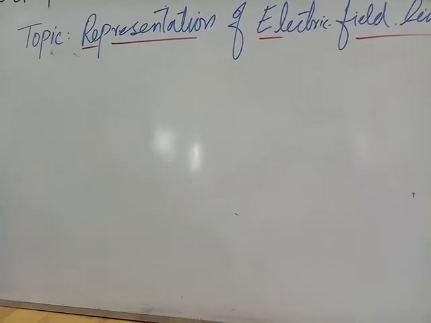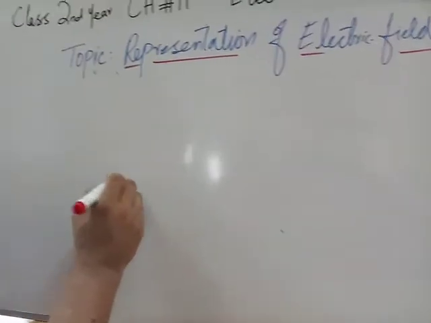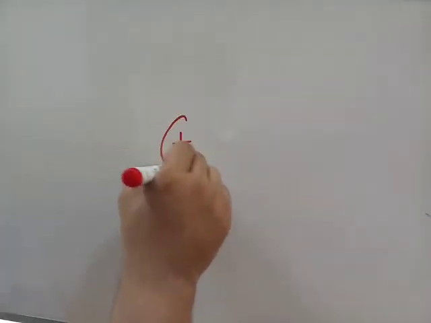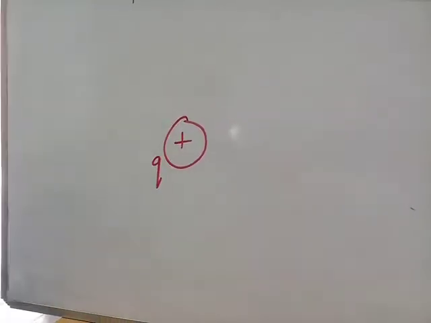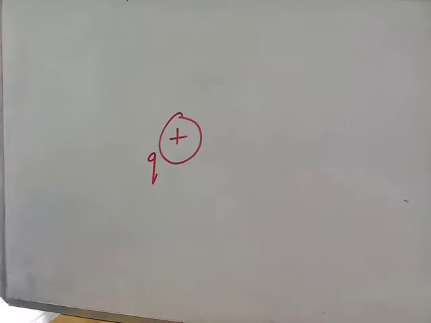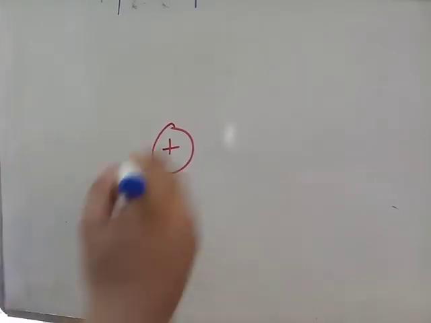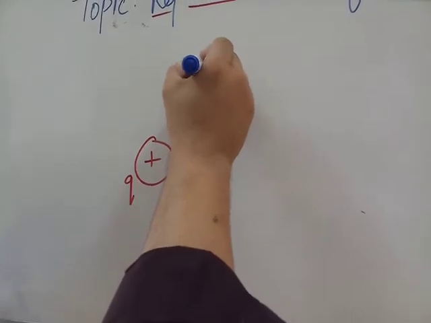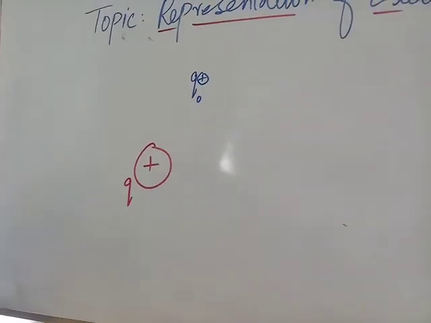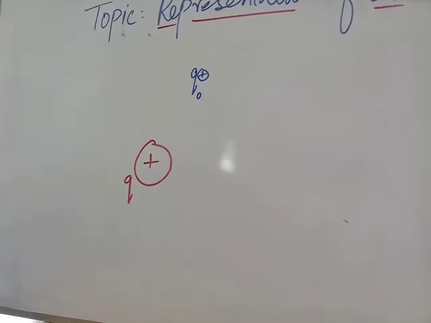Let me explain this. If we have a point charge Q, and we have a positive test charge. We always take the test charge as a positive test charge.